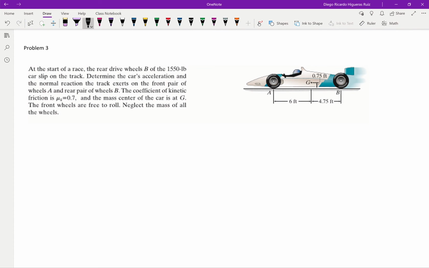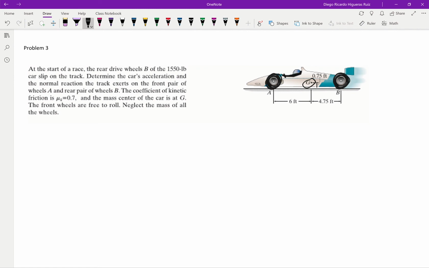Alright, so at the start of a race, the rear driver wheels B of the 1,550 pound car slip on the track. Determine the car's acceleration and the normal reaction the track exerts on the front pair of wheels A and the rear pair of wheels B. The coefficient of kinetic friction is μk equal 0.7 and the mass center of the car is at G. The front wheels are free to roll, so no inertia of the wheels.